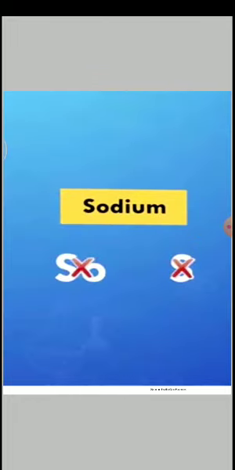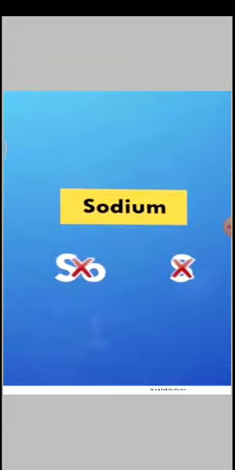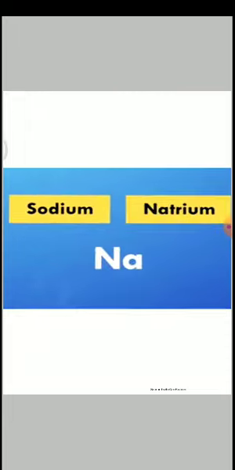These are quite simple, right? But not all elements have symbols according to their common names. Like sodium, its symbol is not So or S. Some elements are given symbols based on their Latin name instead of their English name.